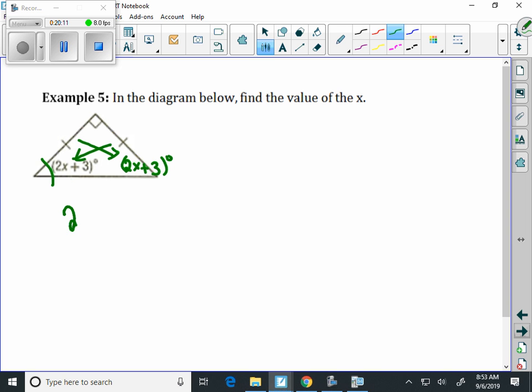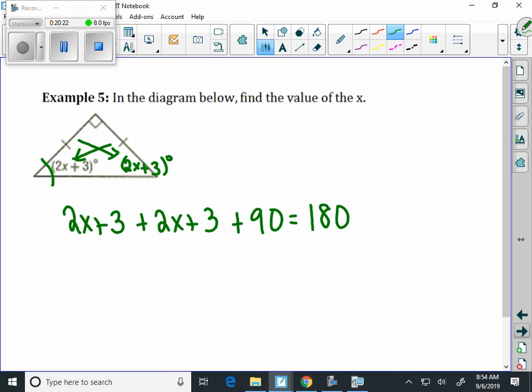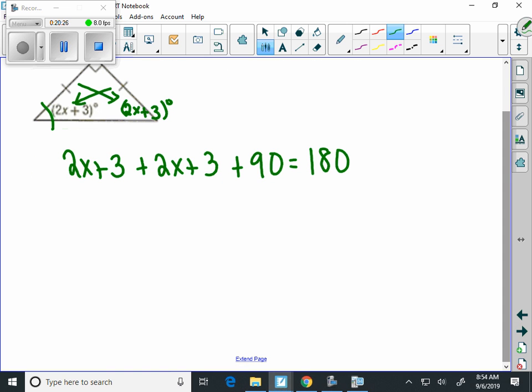So it's going to be 2x plus 3 plus 2x plus 3 plus 90 is 180. When we combine like terms over here on the left side, 2x and 2x is 4x. 3 plus 3 plus 90 is 96 equals 180.